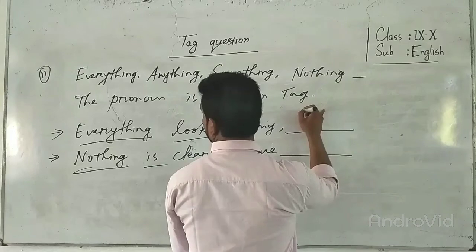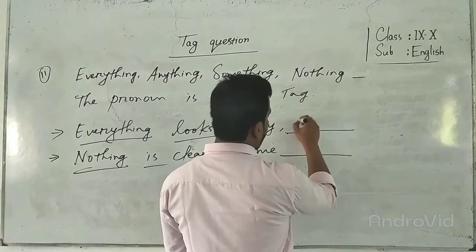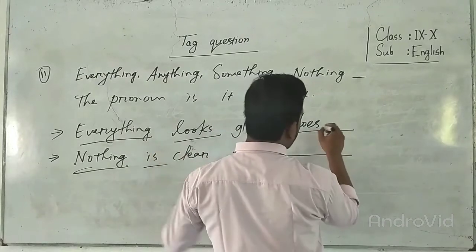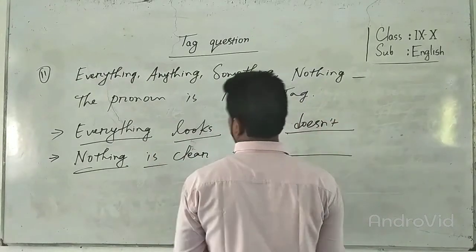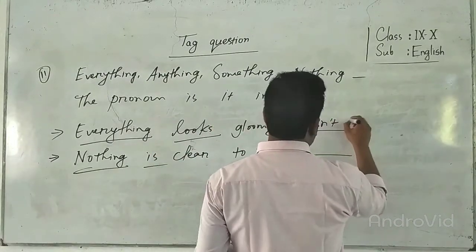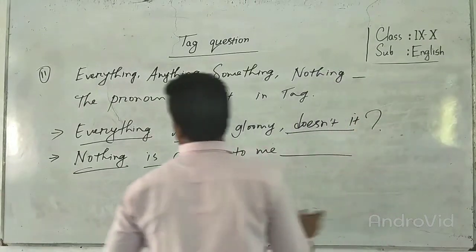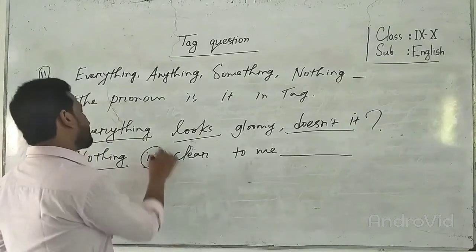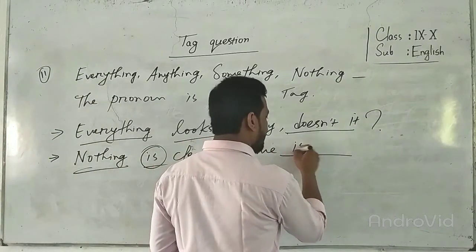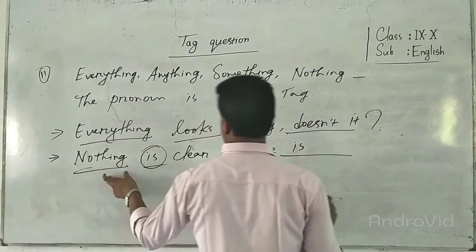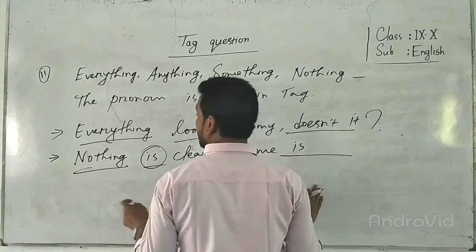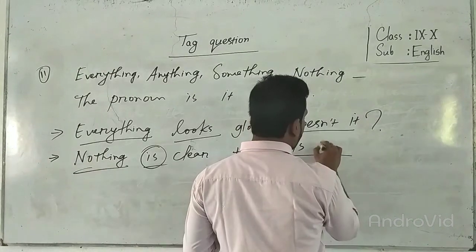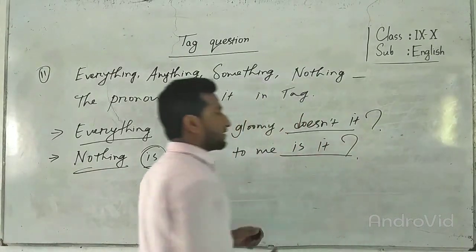Here the auxiliary is does. The clause is in affirmative, so here an apostrophe T. Pronoun is it for everything. Here auxiliary is. The clause is in negative, so we should not put here an apostrophe T. It for nothing. Is it?